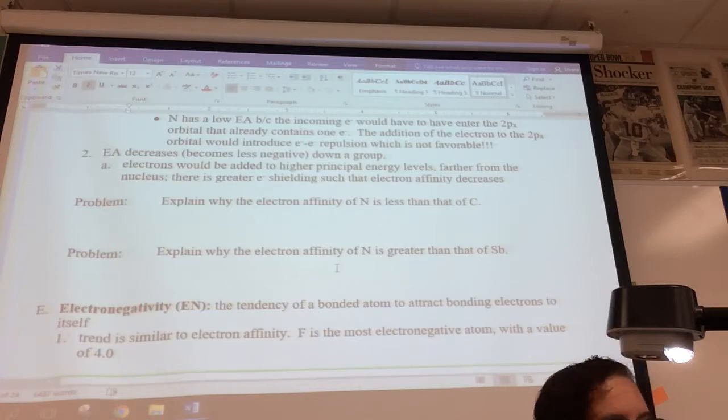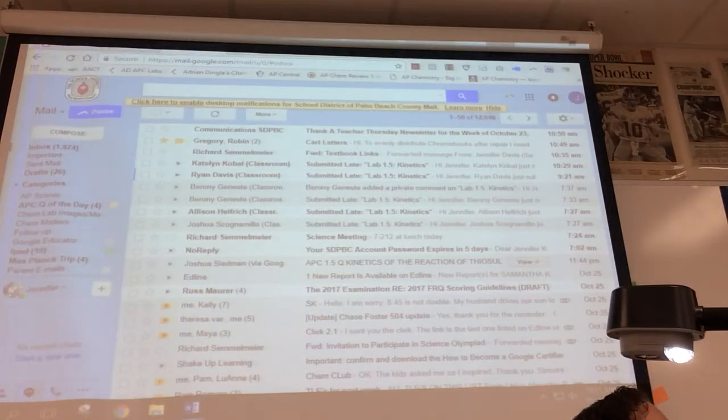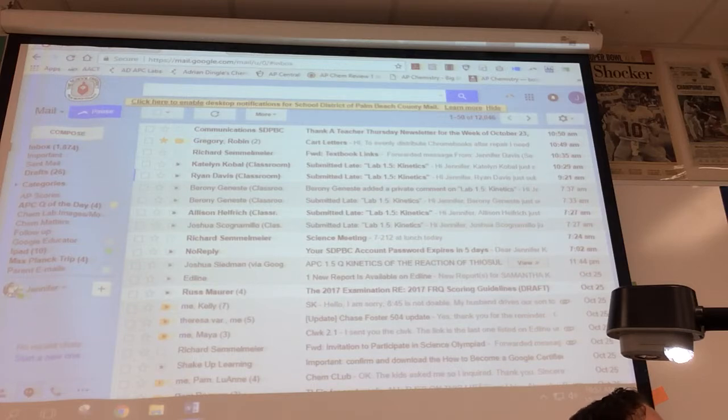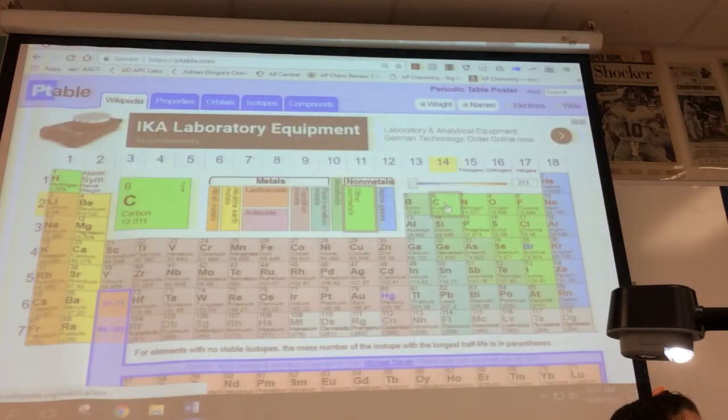All right, so those are the anomalies. Down a group, there are no anomalies. It's very, very straightforward. As you go down a group of the periodic table, the electron affinity decreases because you would be attracting and holding the electron farther from the nucleus, specify the shell, with more electron shielding.